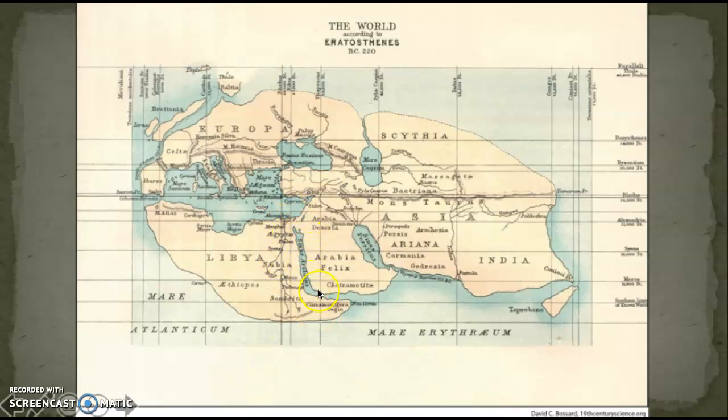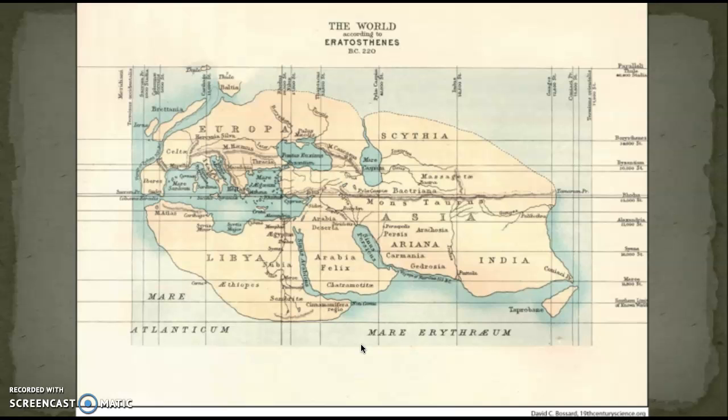So if you look at this chart, people who were traveling the ocean from India and Arabia would come up what we now call the Red Sea, and then they would take a short overland trail to Alexandria, where they could get on ships and go around and do their trading in the Mediterranean Sea, and vice versa.